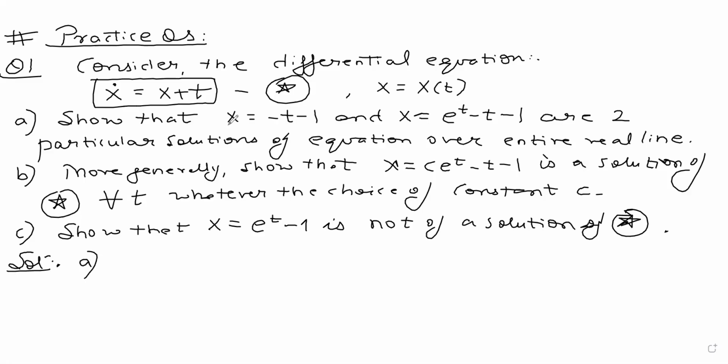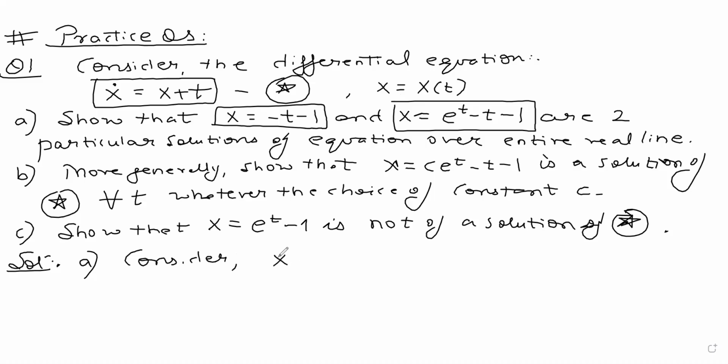Show that x equal to minus t minus 1 and x equal to e to the power t minus t minus 1 are two particular solutions of the above differential equation. So first of all, let's consider x dot equal to x plus t, and we are given that x is equal to minus t minus 1.